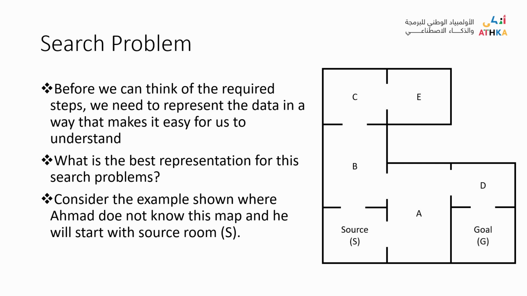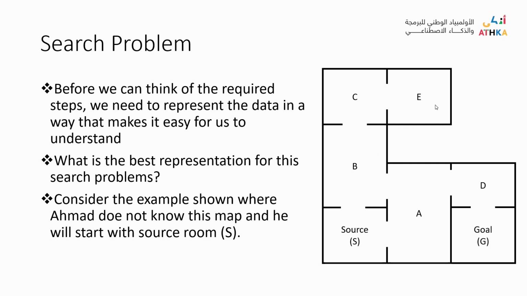To make the idea clearer, let's take this search problem. Suppose you are searching for something and you have these room connections. You start from a source, labeled room S, and you want to go to a goal, labeled G. This is the goal room that you want to go to. We have connections to other rooms.